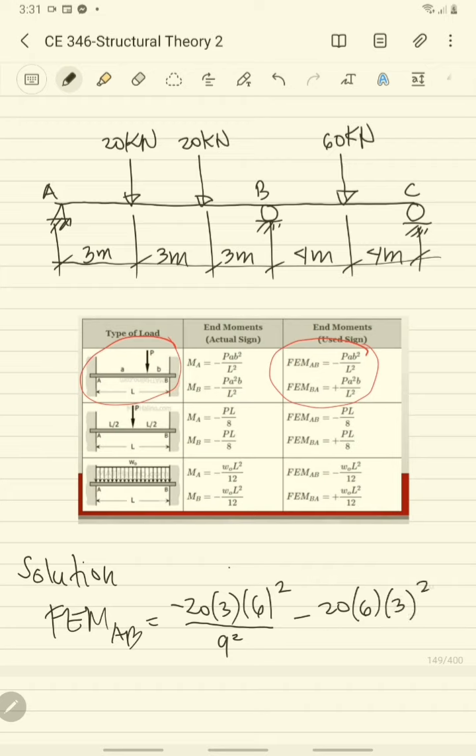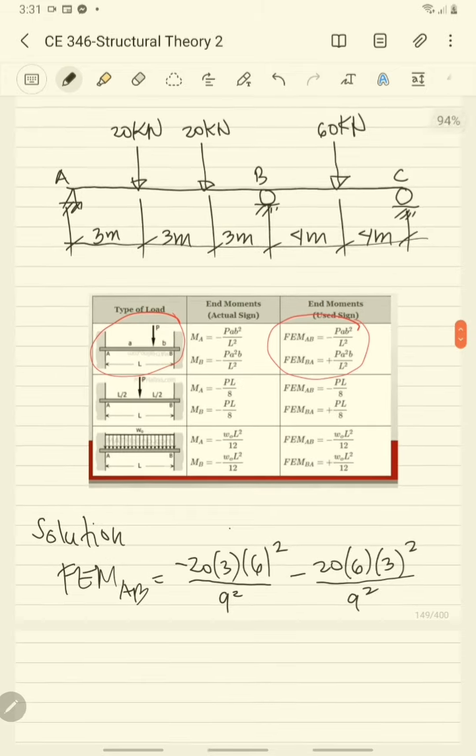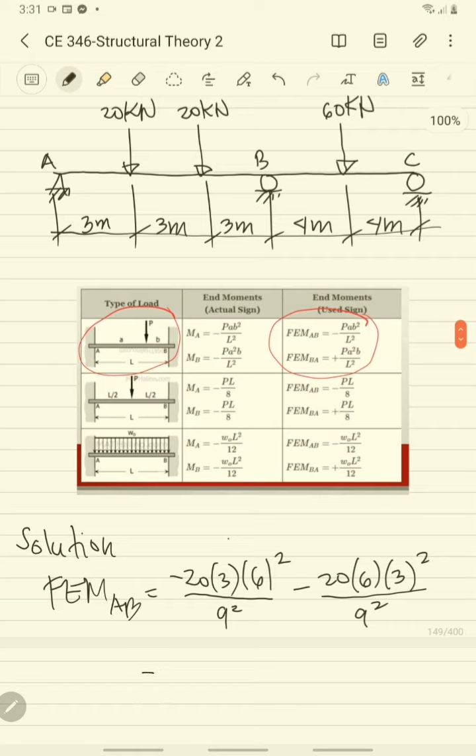So 3 squared over 9 squared. So we have negative 20 times 3 times 6 squared divided by 9 squared, plus negative 20 times 6 times 3 squared divided by 81.